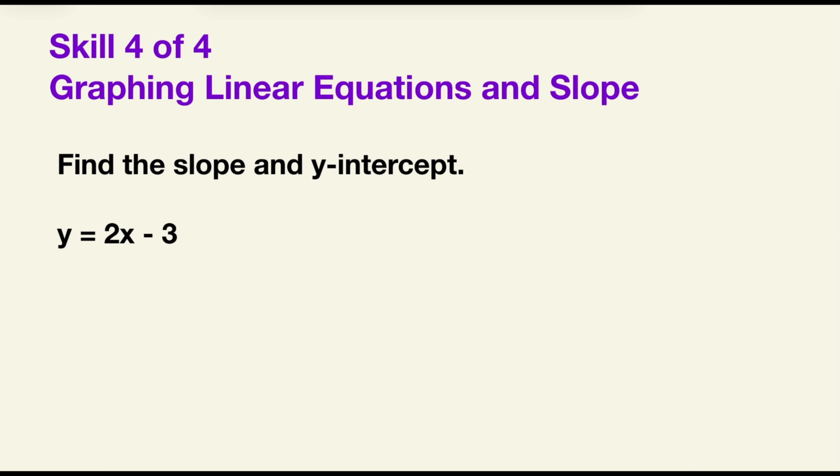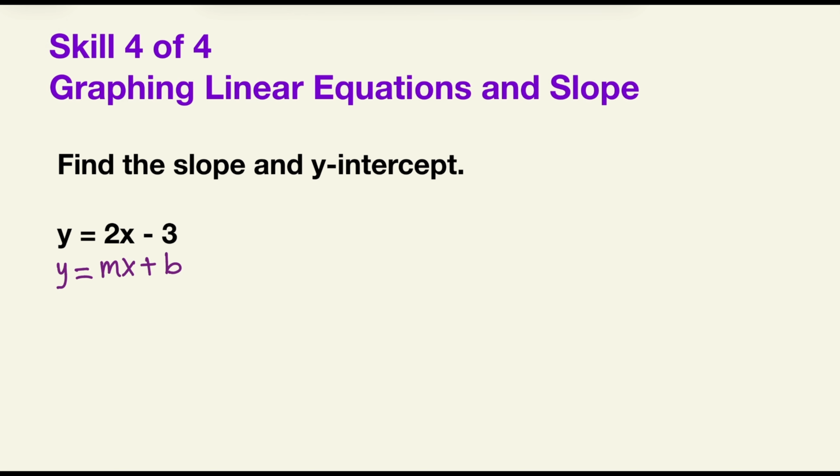So let's move on to skill number 4. Find the slope and y-intercept of y equals 2x minus 3. So take a moment to identify both values. So remember, the slope-intercept form is y equals mx plus b. And m represents the slope, b represents the y-intercept. Now let's compare the equation.